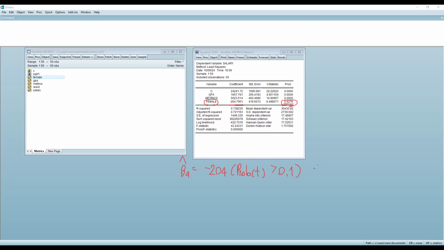So let's try to write it in a full sentence. What does it mean? You can write in two ways.